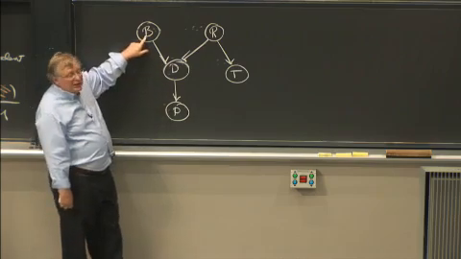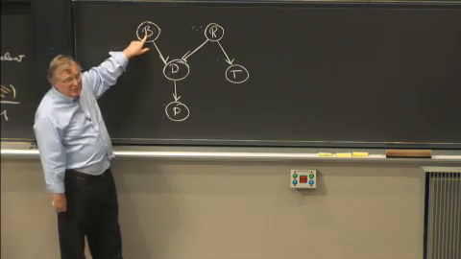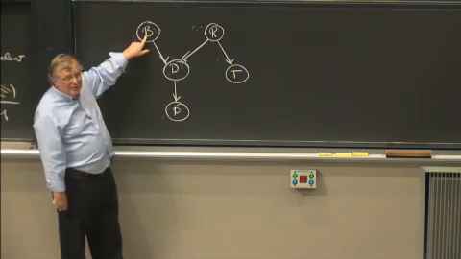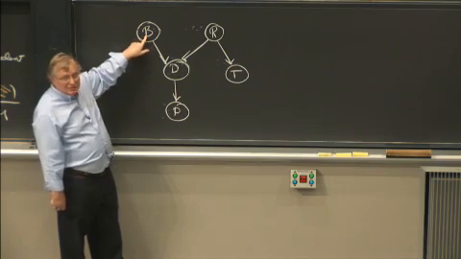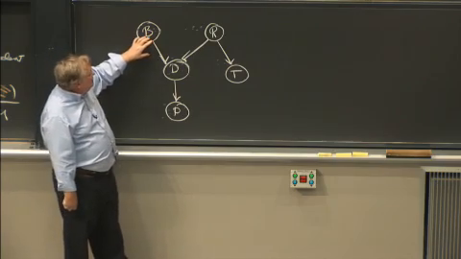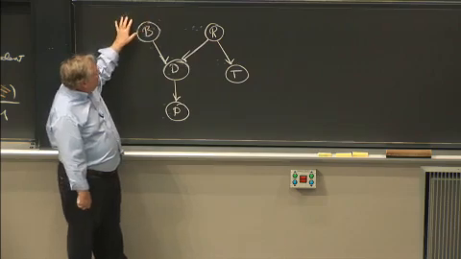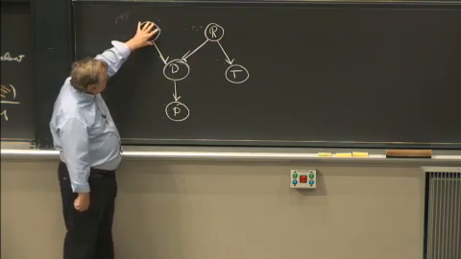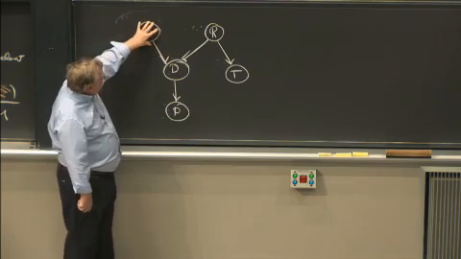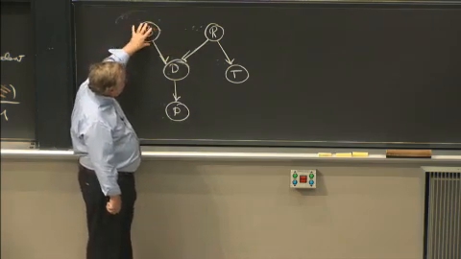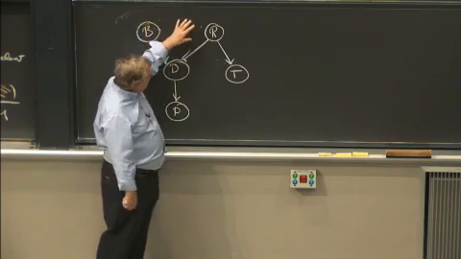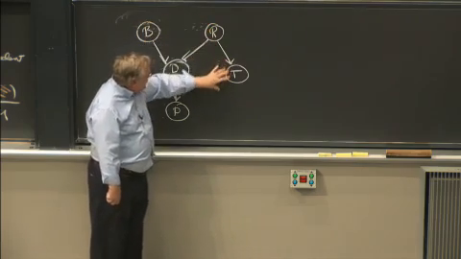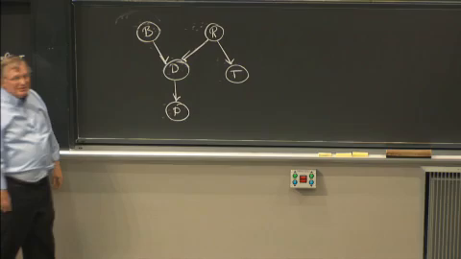How about B? It has no parents. So it depends on nothing else, because B does not depend on R and T because they're not descendants.